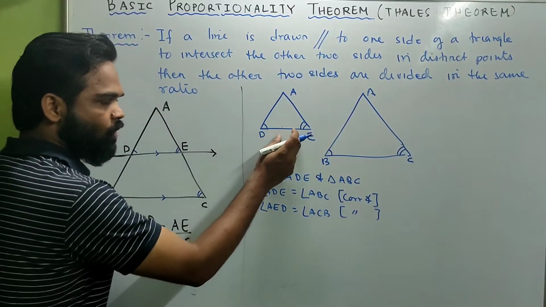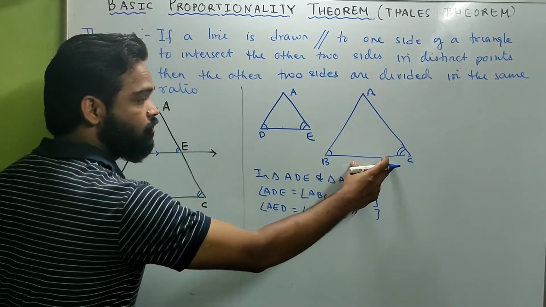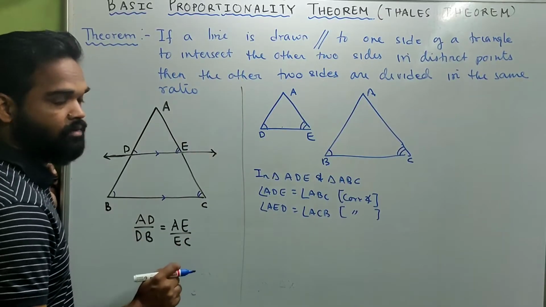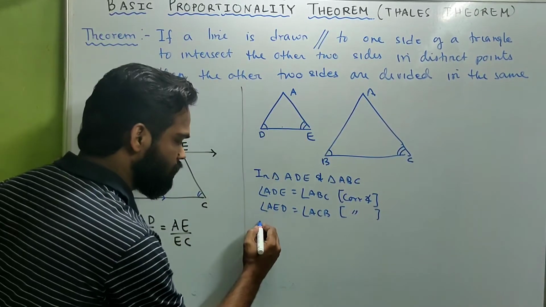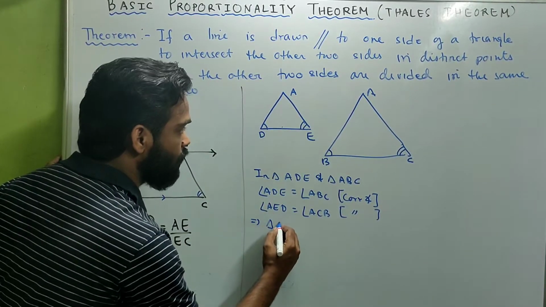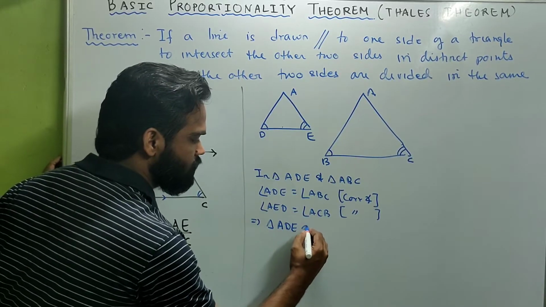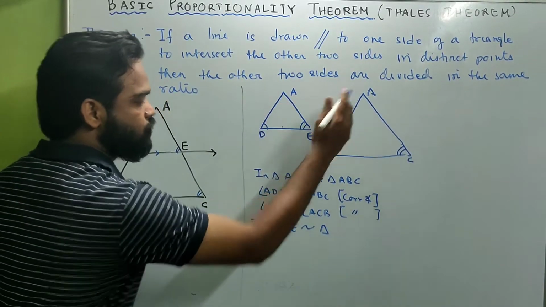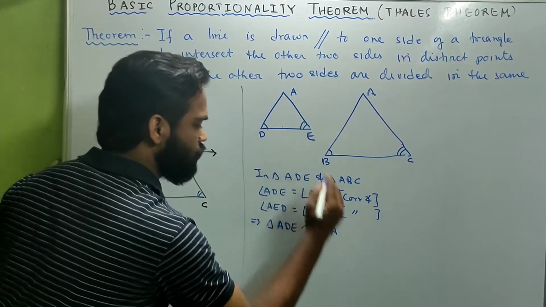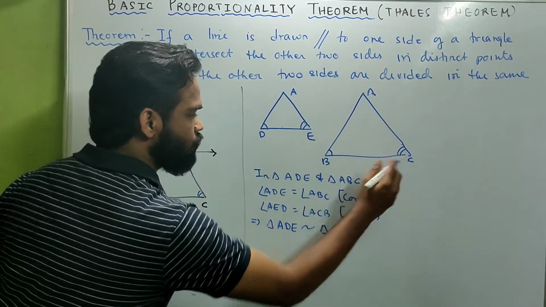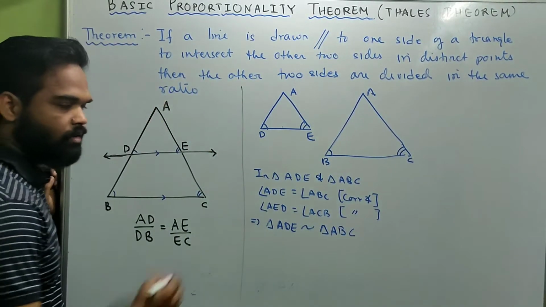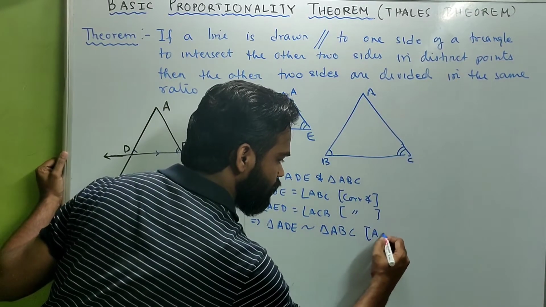Now, since two angles of this triangle are equal to two angles of the other triangle, these two triangles are similar, which implies triangle ADE is similar to triangle ABC. A corresponds to A, D corresponds to B, and E corresponds to C. Am I clear? Angle property.